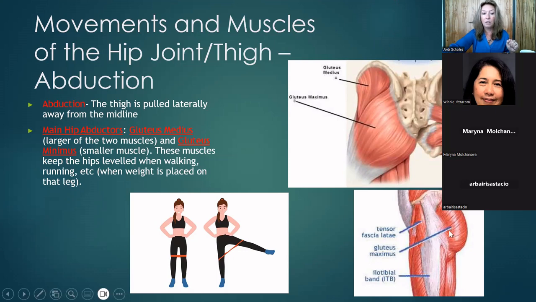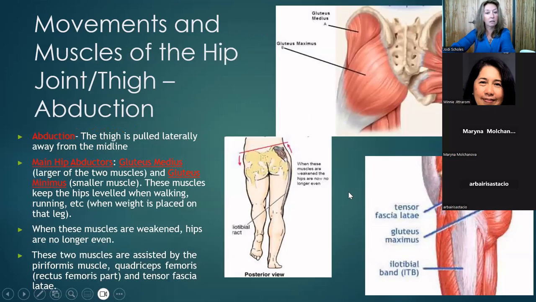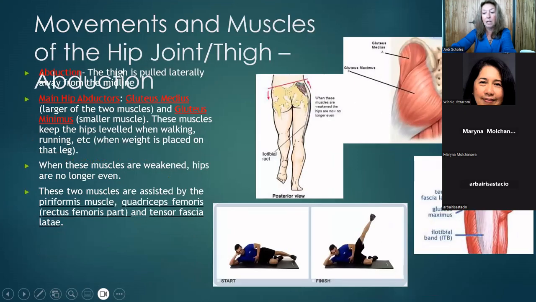All right, and there's some secondary muscles. TFL is a muscle that helps. It also helps with the piriformis. Look at where the piriformis is, by the way. Piriformis, you've heard of that muscle, right?